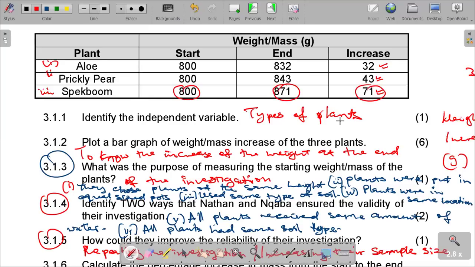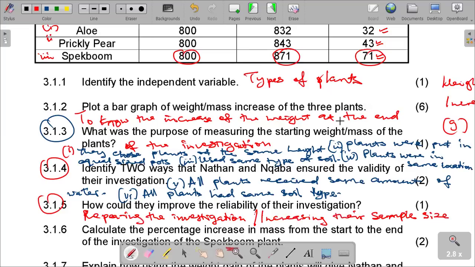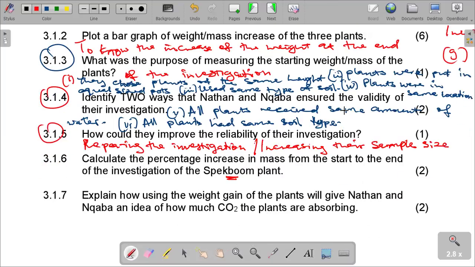So what should be done here is that we must understand that percentage increase is how much increased over the initial. So it is 71 grams over 800 multiplied by 100 over 1. Therefore, we get 8.88%, close to 8.8%.